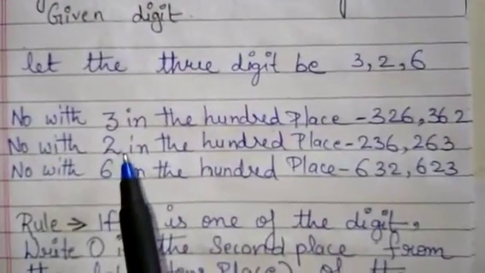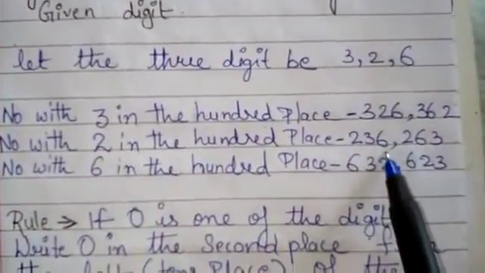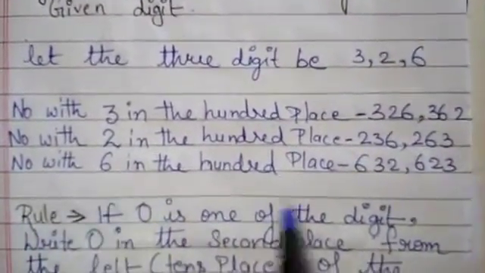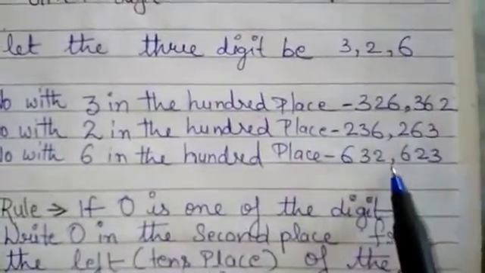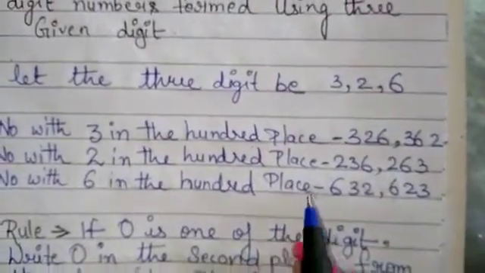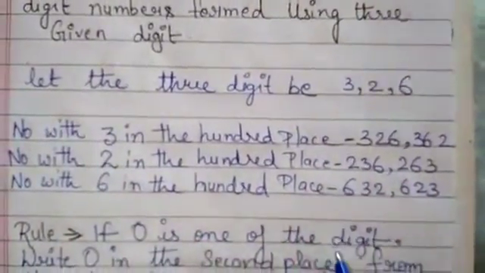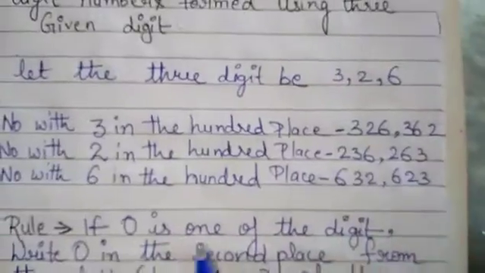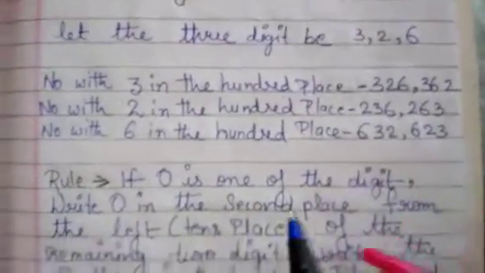By keeping 2 in the 100s place, 236 and 263. By keeping 6 in the 100s place, 632 and 623. We have to place one number on the 100s place and arrange the other digits in smaller and greater order.